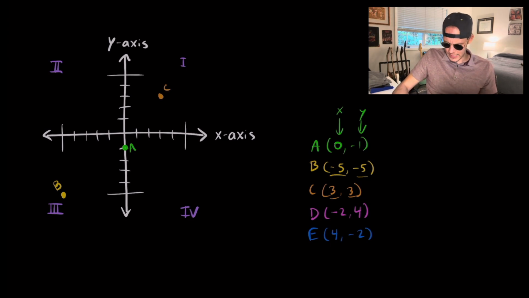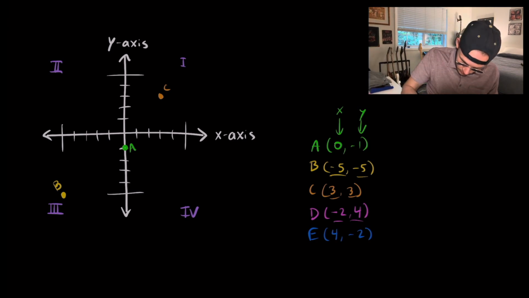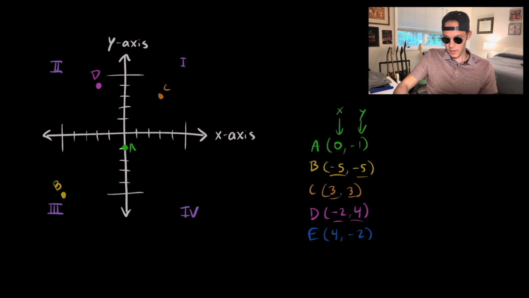All right, D, -2, 4. So start at the origin. Look at your x-coordinate. Since it's negative, we're going to move to the left 2. And then the y-coordinate is +4, so we're going to move up 4. So to the left 2, and then up 4. So right about there, and that is point D. For E, just reverse.